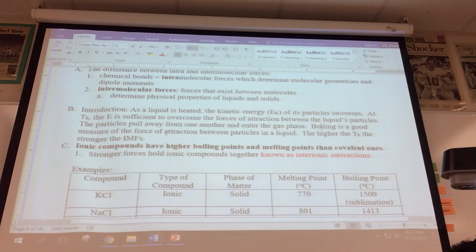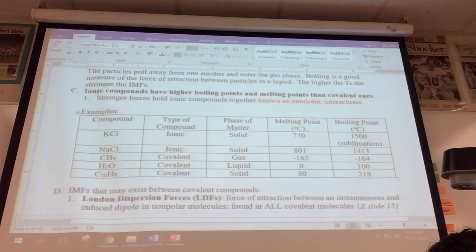Boiling is a good measure of intermolecular forces. The higher the boiling point or the melting point, the stronger the intermolecular forces. So for substances that boil at higher temperatures than others, they have stronger IMFs, and we're going to take a look at that. First, we're going to look at ionic compounds. Ionic compounds are comprised of what?